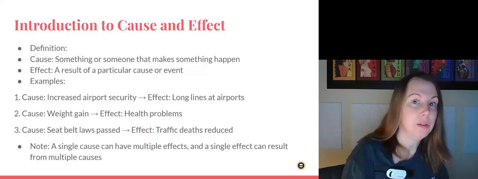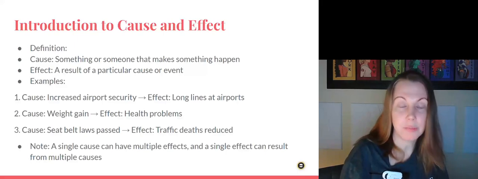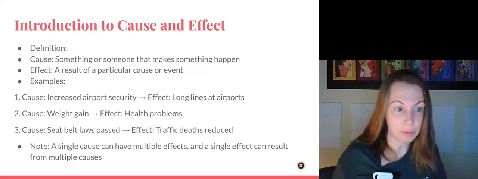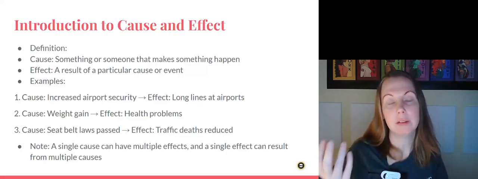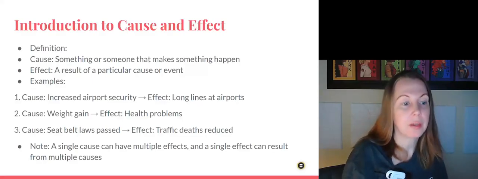A cause could be weight gain, and the effect from that weight gain could be health problems. And it could be not just physical health problems, but also mental health problems as well.